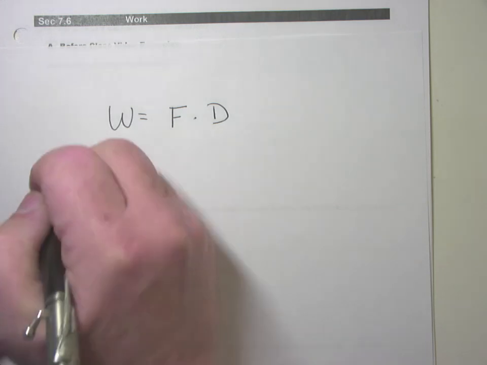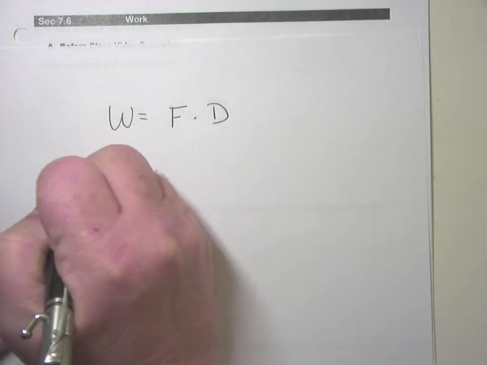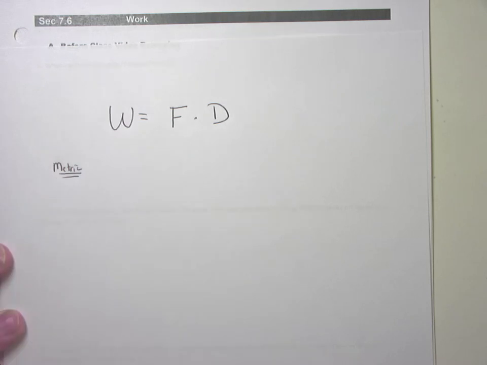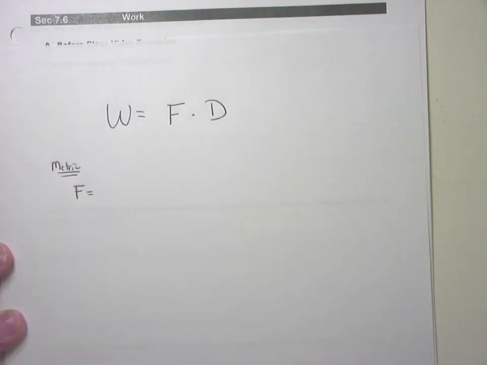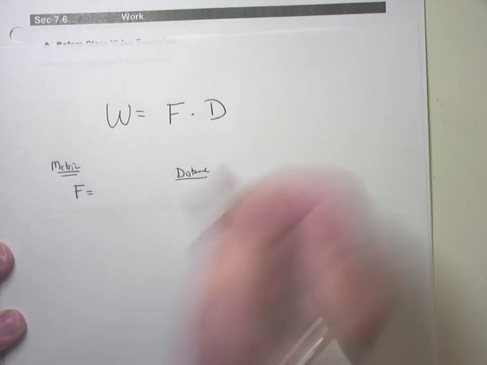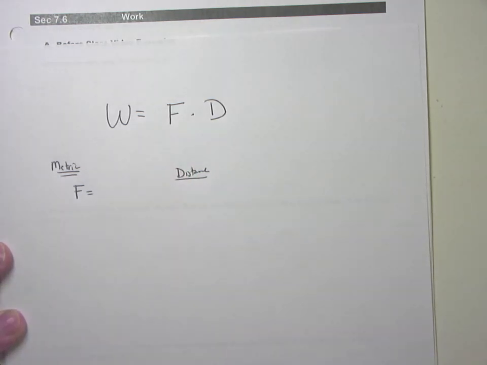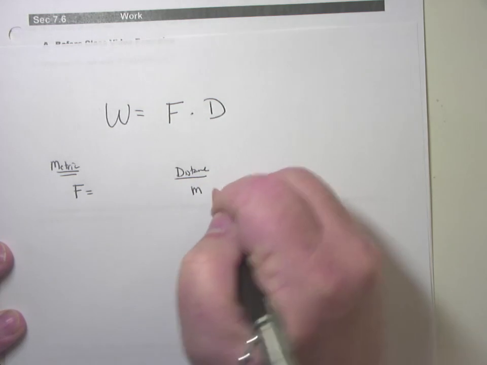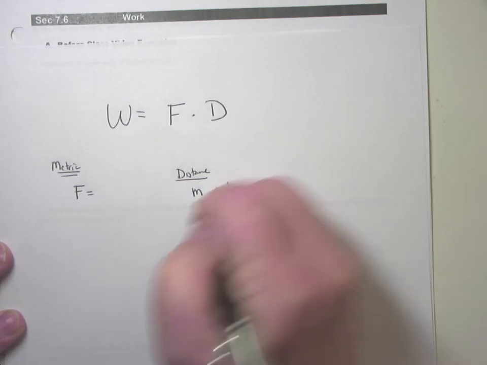So if I was working in the metric system, let's analyze force and let's analyze distance. In the metric system, distance is measured in what? Meters. That is my standard unit of length.